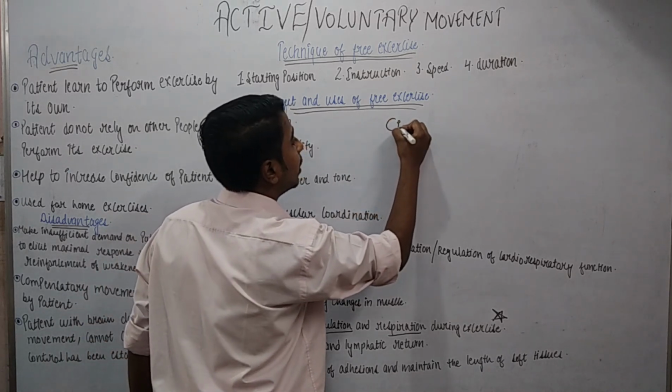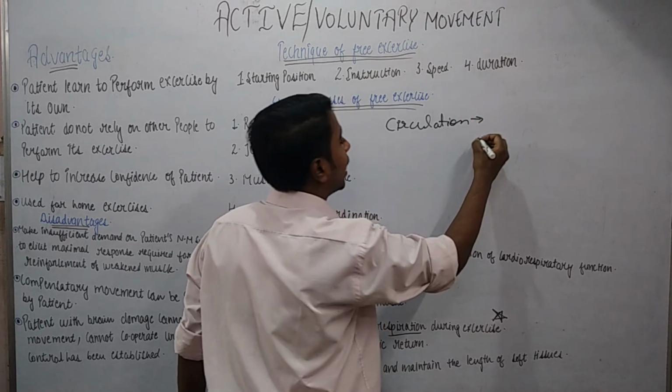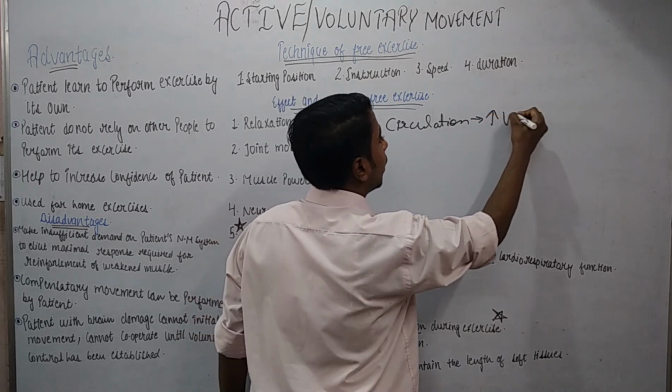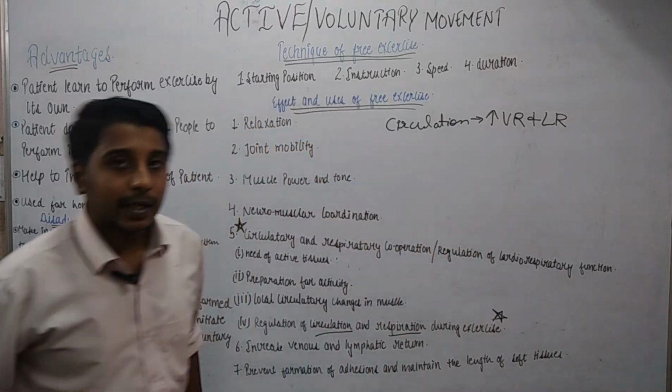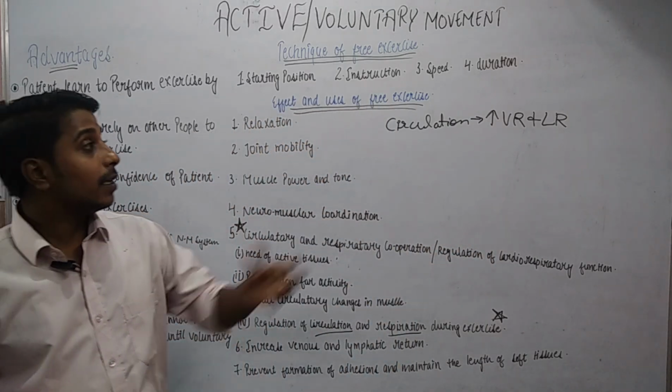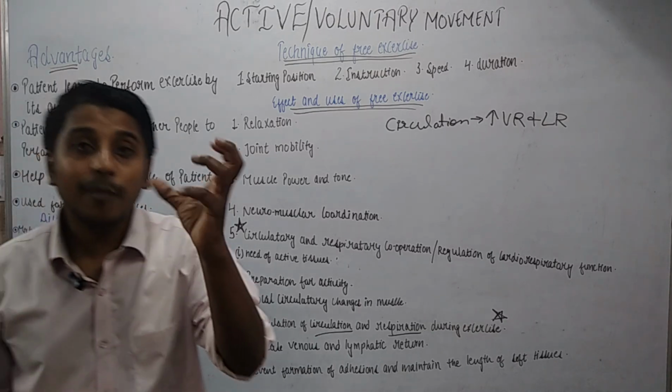In circulation it helps to increase venous return and lymphatic return. Venous and lymphatic return is increased. How? It is due to the pumping action. Pumping action of what? Pumping action of muscle.